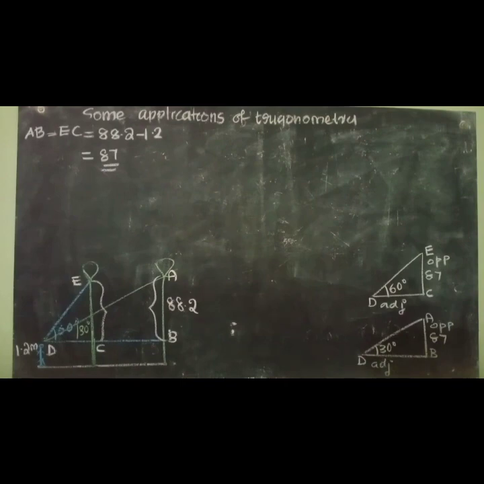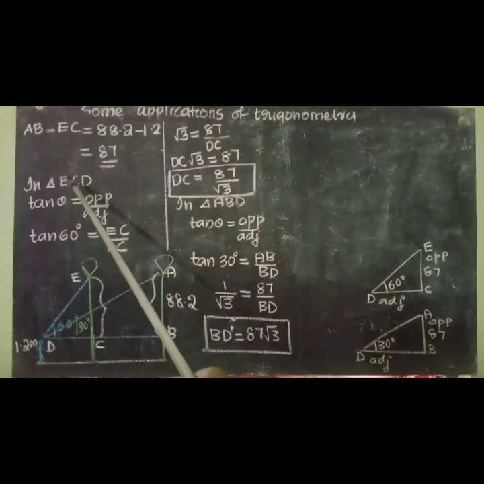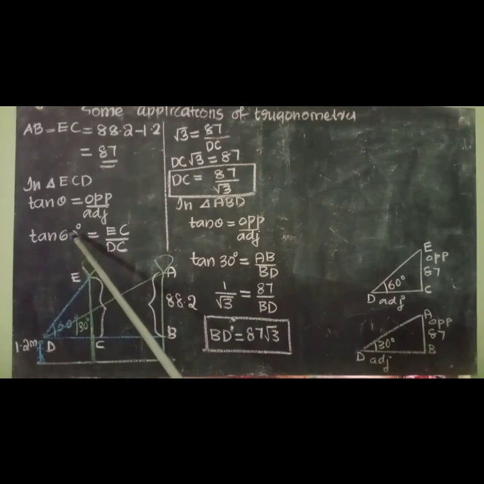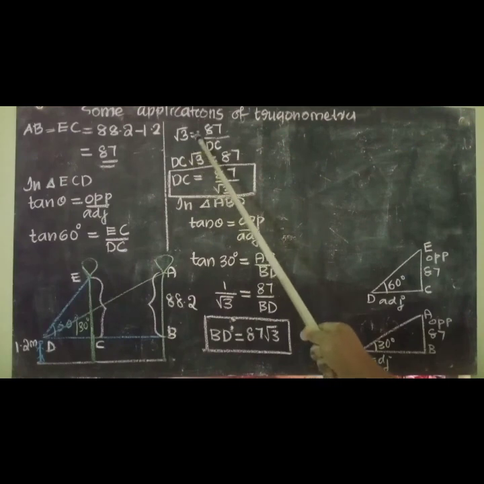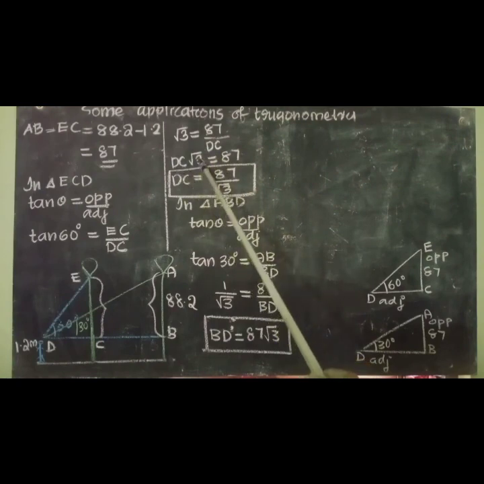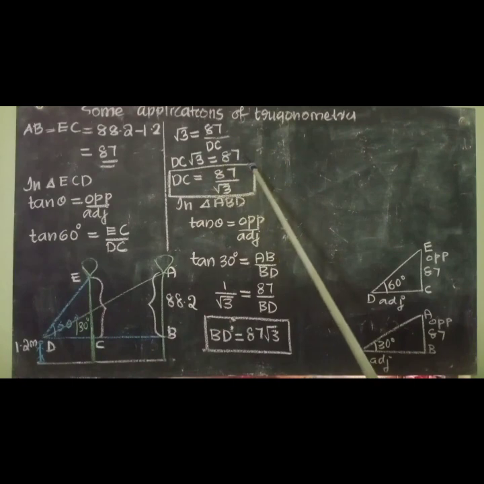Let us take the ratio. In triangle ECD, tan theta equal to opposite side by adjacent side, that is tan 60 degree equal to EC by DC. Root 3 equal to 87 by DC. Cross multiplying, we get DC root 3 equal to 87. Root 3 we can take to right side.